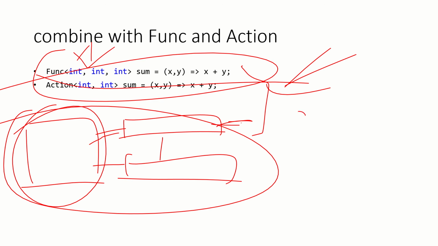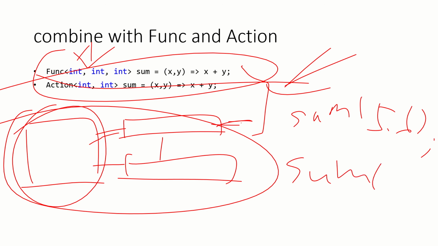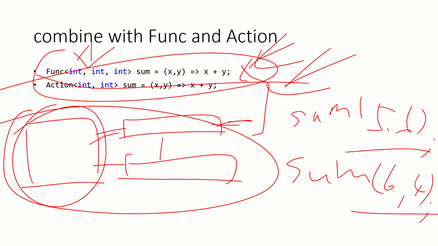For example, here, for the sum, you can put 5, 6. Then on the next line, you can put 6, 4. Once you call them, you basically call a method which the reference points to through this delegate. You can call it multiple times. It's the same thing as when you call a method.